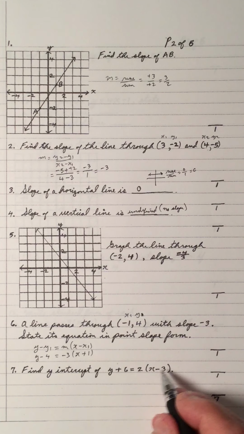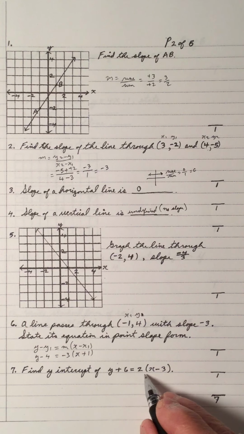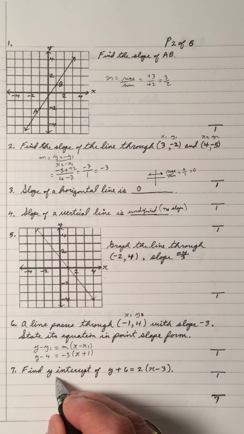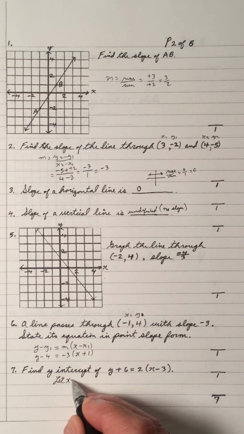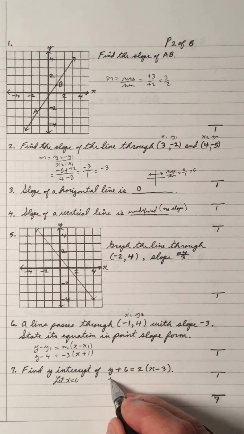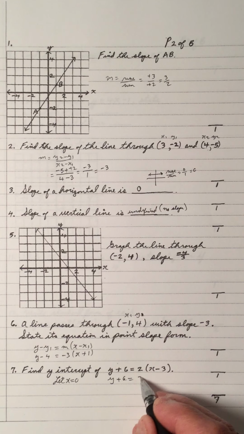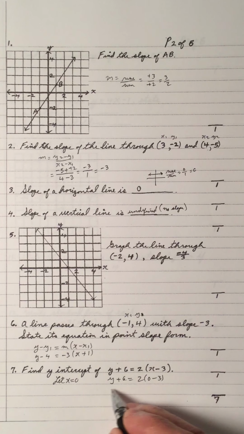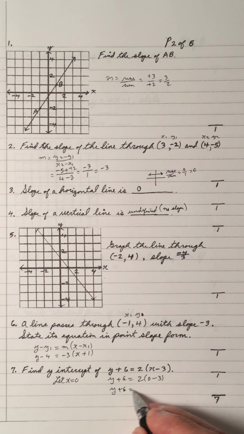Find the y-intercept of y plus 6 equals 2 times x minus 3. A y-intercept, the quickest way is let x equal 0. So if you put 0 in the place of x, which you can right away, you sub in 0, and you solve the equation for y.